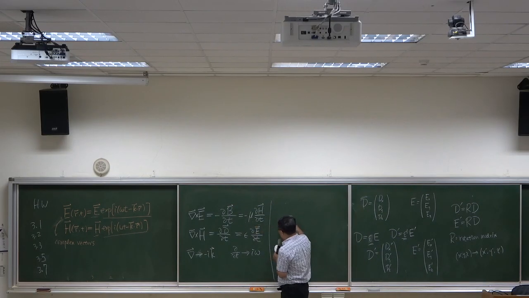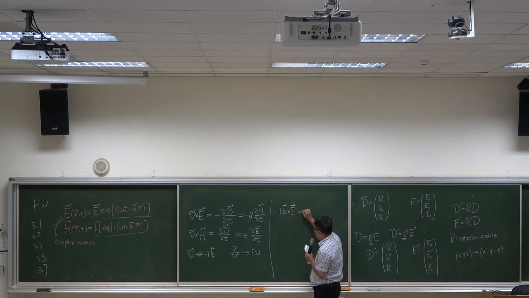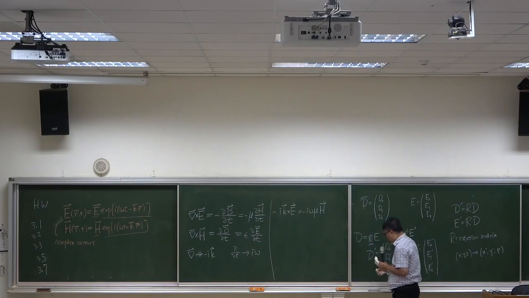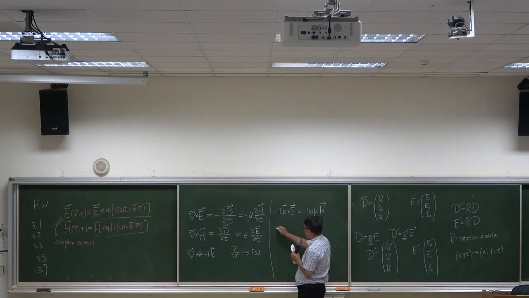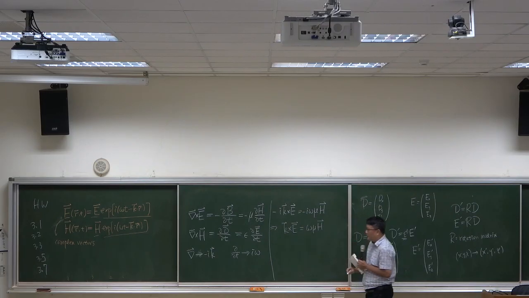So this equation tells us that minus ik cross E is equal to minus i omega mu times H. So this means that k cross E is equal to omega mu times H.